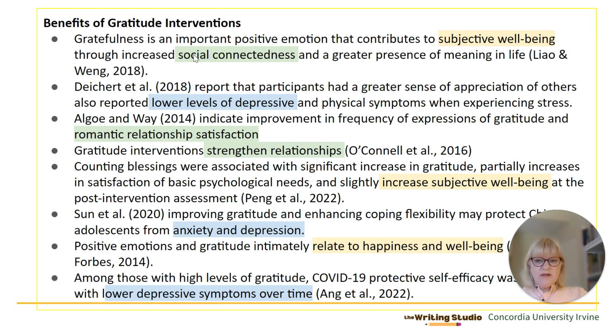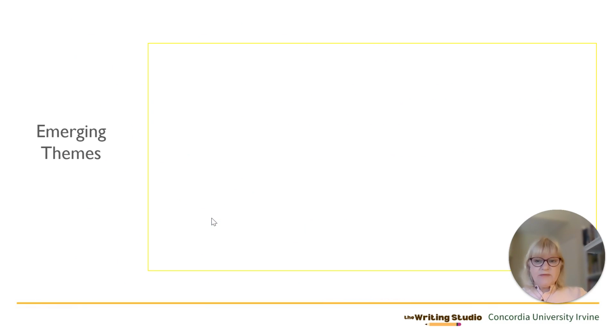But you also notice that under this same study, we could link social connectedness to these others on strengthened relationships. So you can see how this one study could actually work with 2 themes. And then we have 3 in blue that show that there was a decrease in depressive symptoms.